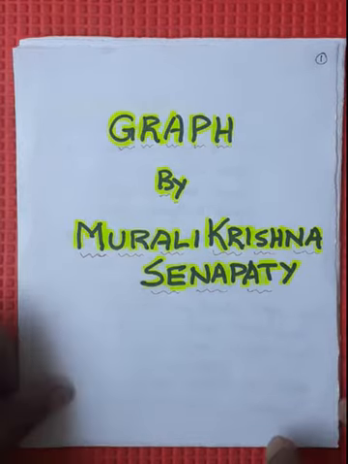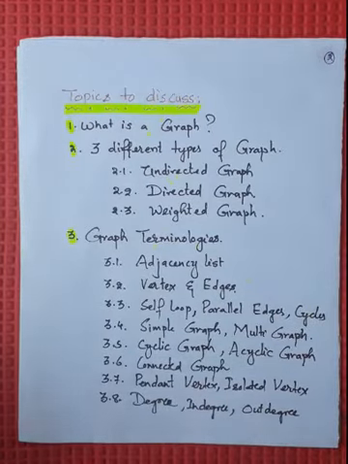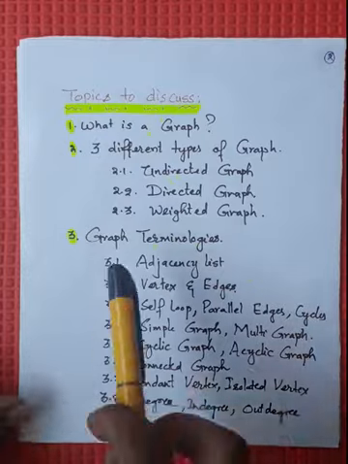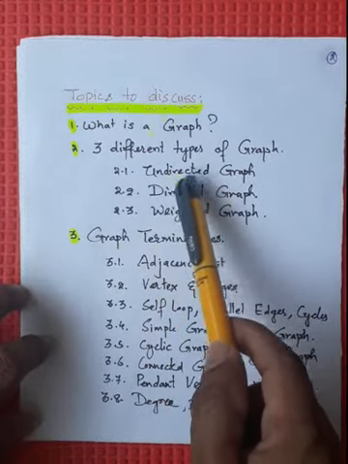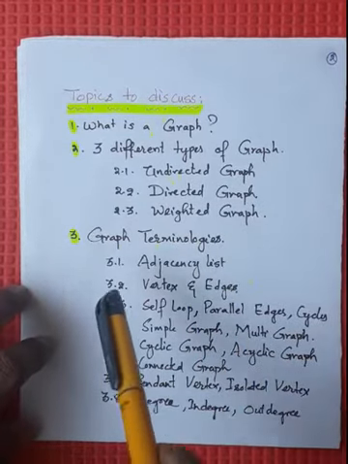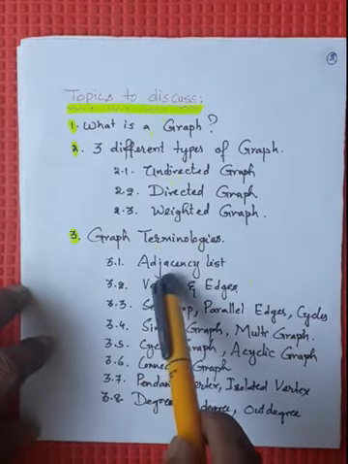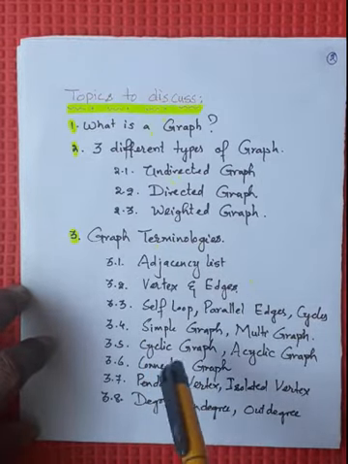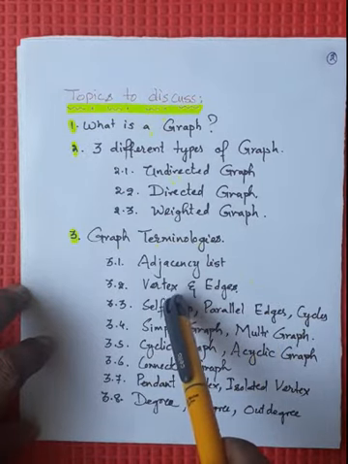So let us go further. Today's topics of discussion are: what is a graph, and what are the different types of graphs we generally observe, like undirected graph, directed graph, and weighted graph. And what are the different graph terminologies we find at the beginning in the basics, like adjacency list and vertex. Vertex means nothing but nodes.